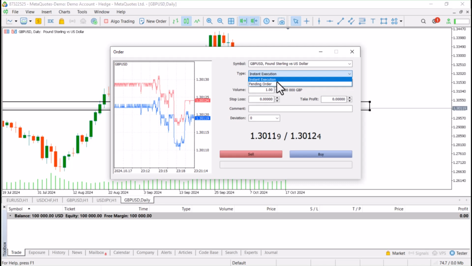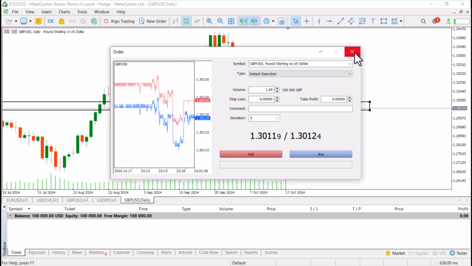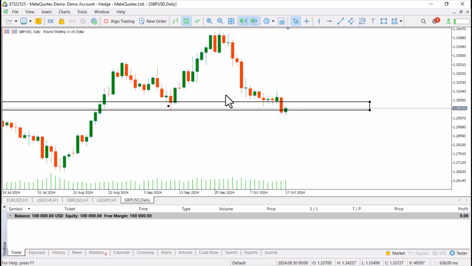Because right now we are getting into the technicals of trading. We are not getting into the real concept of trading. Right now, what is instant execution? It's an order for you to buy at the current market price. Now, what is the current market price? On this price chart right now, the current market price of British pound sterling paired against the USD is 1.30118.